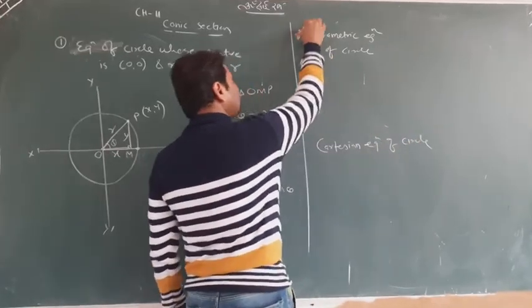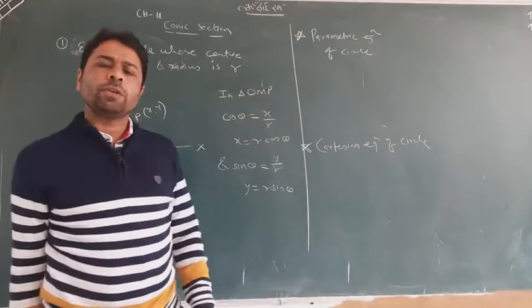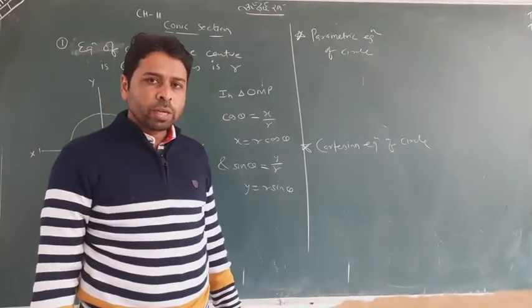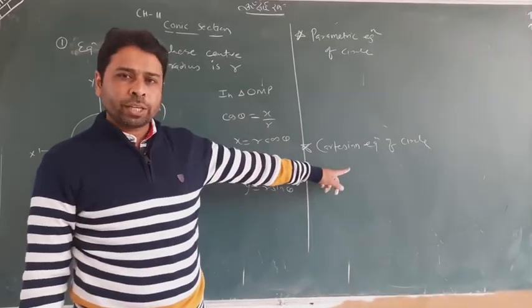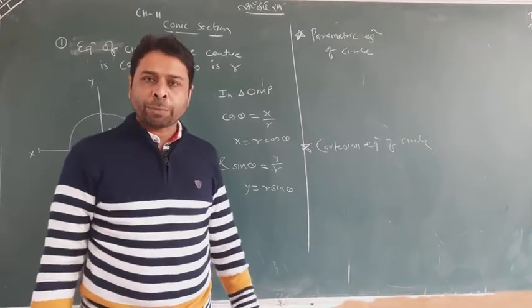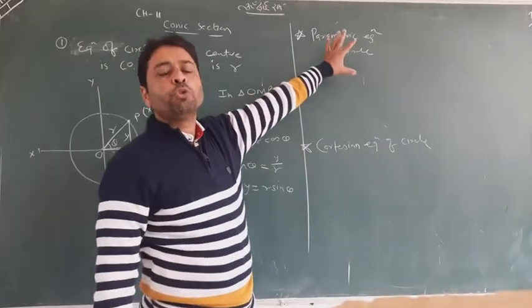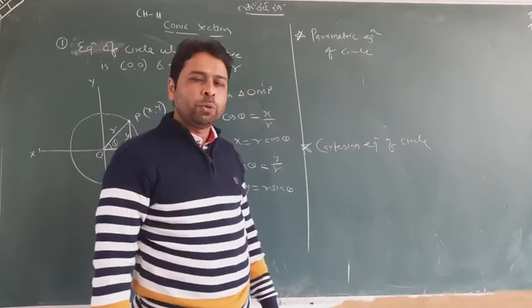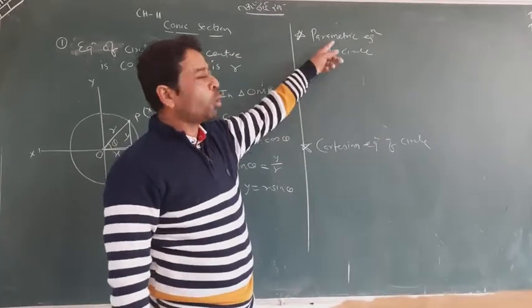You are hearing this for the first time. This is an important thing, and we will continue this study further in the chapter. But this portion should be in your knowledge, because in higher classes or after 12th, this kind of terminology will come.